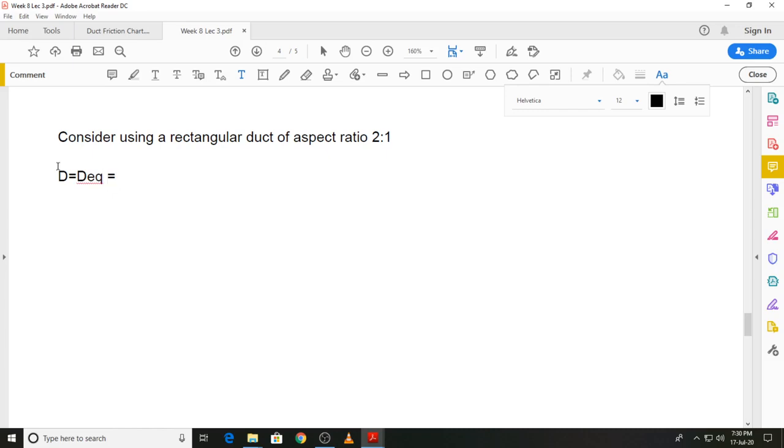And that we know is 1.3 times AB raised to the power 0.625. So let's just raise it. So that shows it's an exponent, and then we divide it by A plus B exponent. So we have got that exponent.